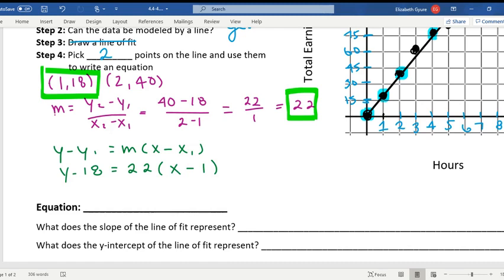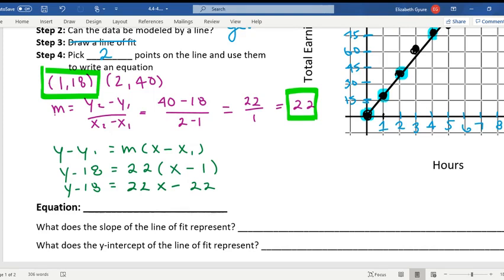Then what do I do now? We got to drop the y minus 18 and distribute. So we're going to have y minus 18 equals 22x minus 22. And my final step? Add the 18 to both sides.